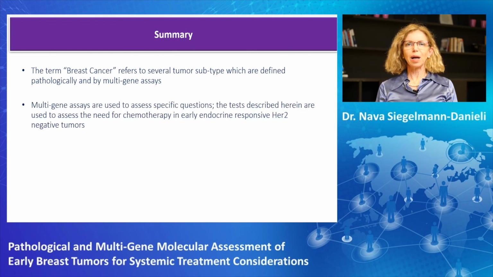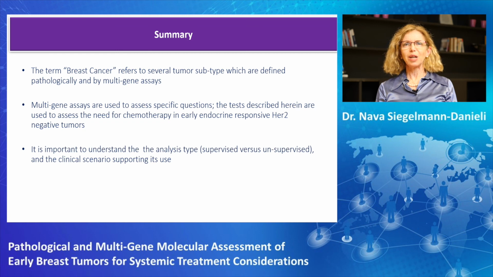We have to learn from the multi-gene assay studies what questions they had, and also if it was a supervised or unsupervised analysis, because if it was supervised, then sometimes we get different results from different groups of patients, like node negative and node positive, pre- and postmenopausal. And stage, especially nodal status, age, and menopause are still very important, as well as the patient preference.